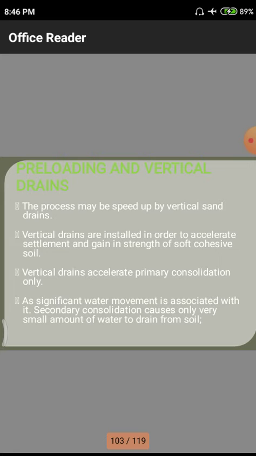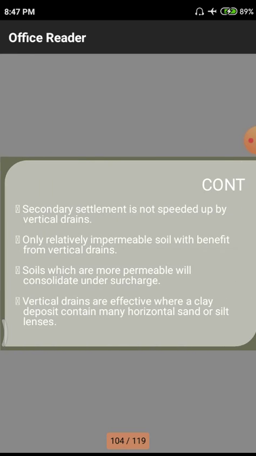Primary consolidation means that by using the sand drains we remove as much water as possible from the soil. There will be a smaller quantity of water after primary consolidation. That smaller quantity is removed by secondary consolidation, though only a few amount, not fully. We remove up to 40% or 50% in the secondary state also.